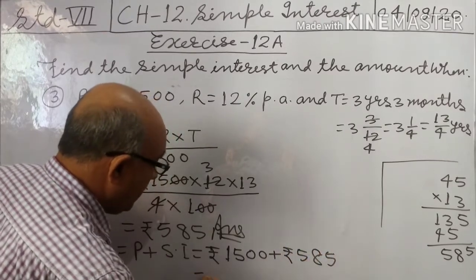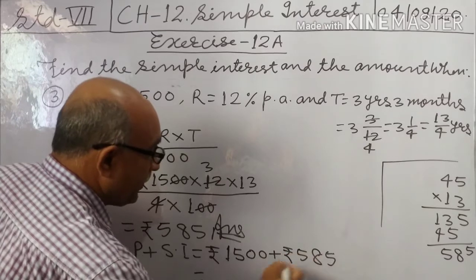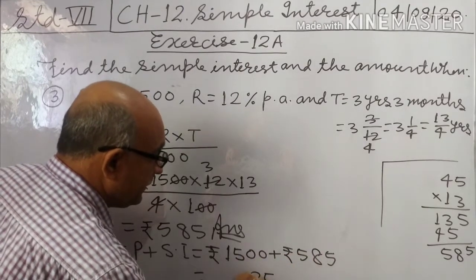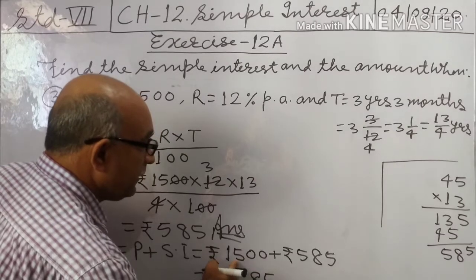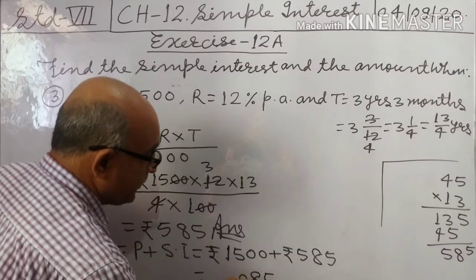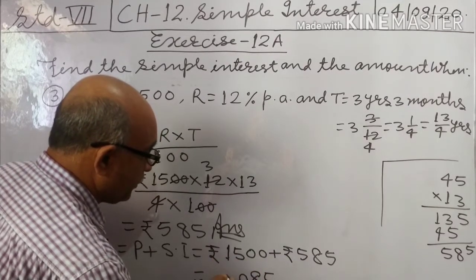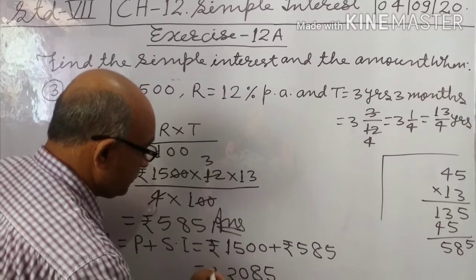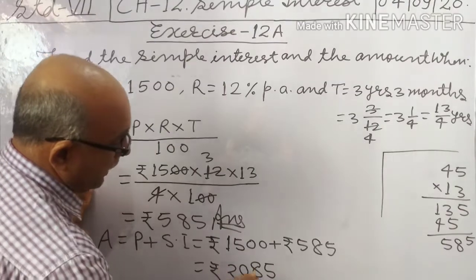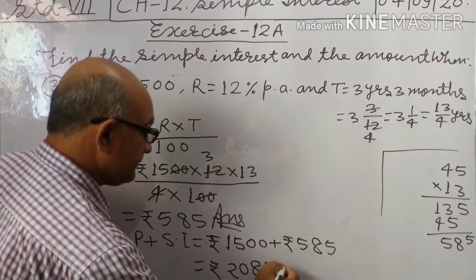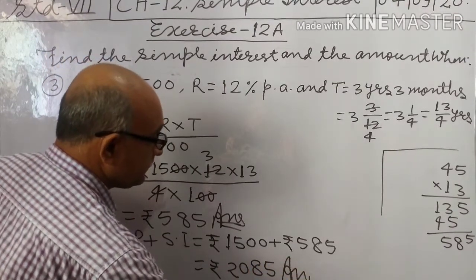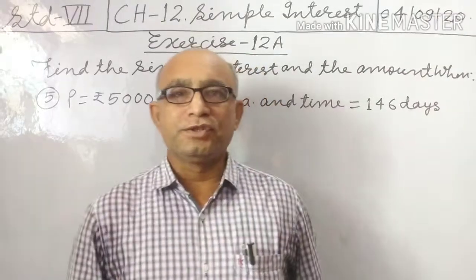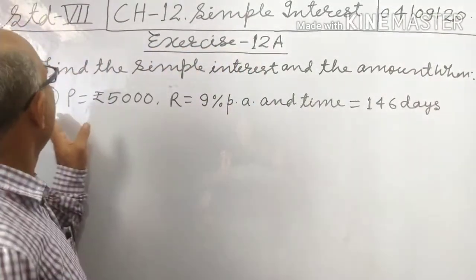Now add: 0 plus 5 is 5, 0 plus 8 is 8, 5 plus 5 is 10, write 0 carry 1, 1 plus 1 is 2. Rupees 2085. Understand and write it. Next question is question number 5.